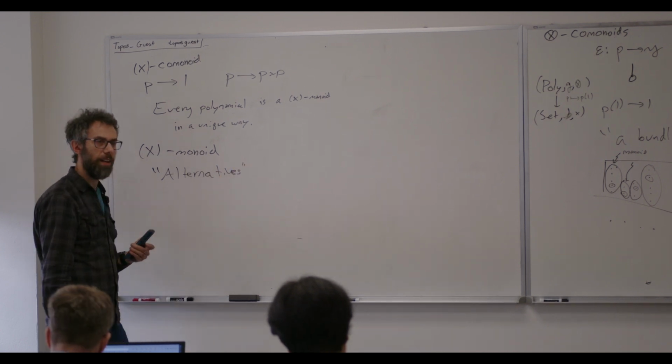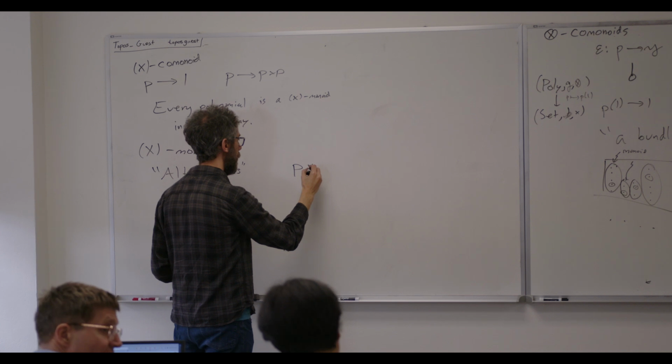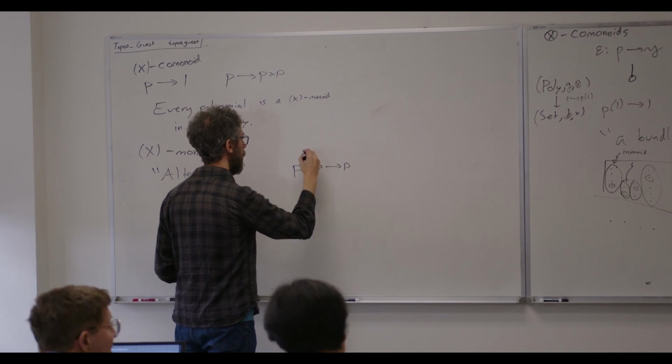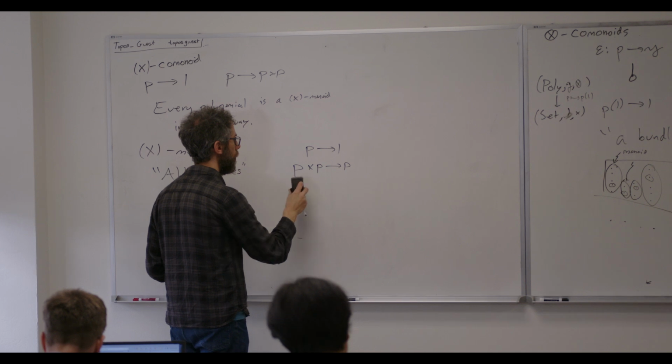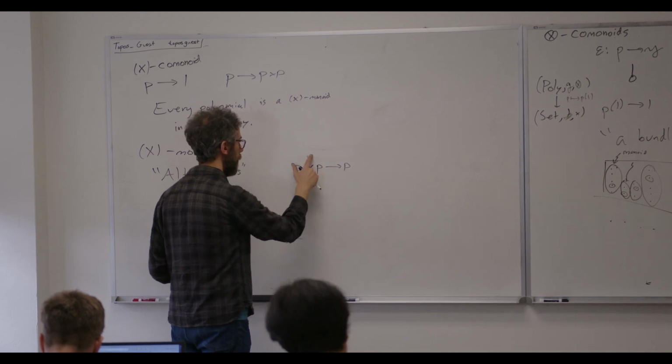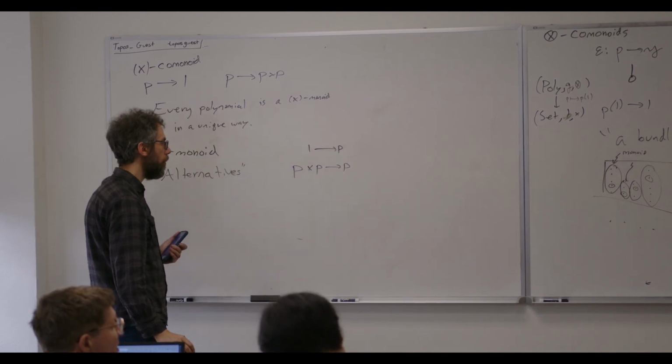Well, in Haskell, alternative is a lax monoidal functor from a category with plus and 0 to one with times and 1.